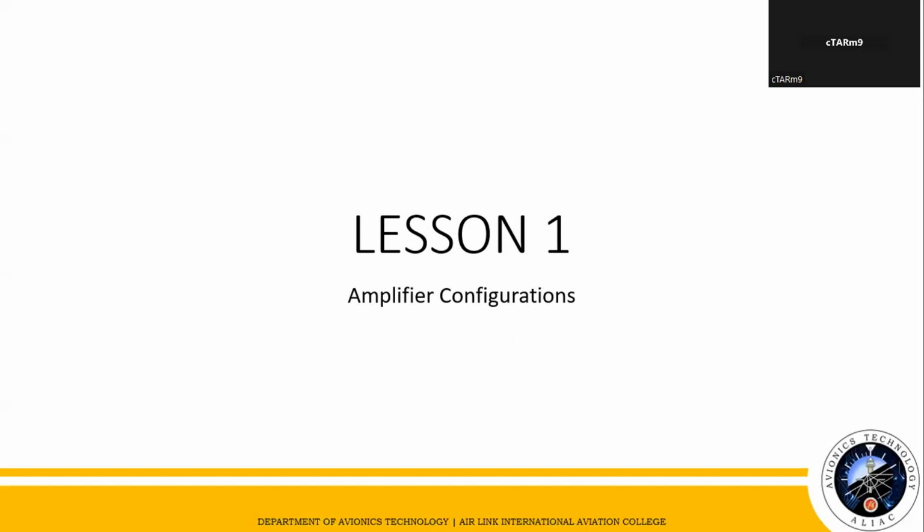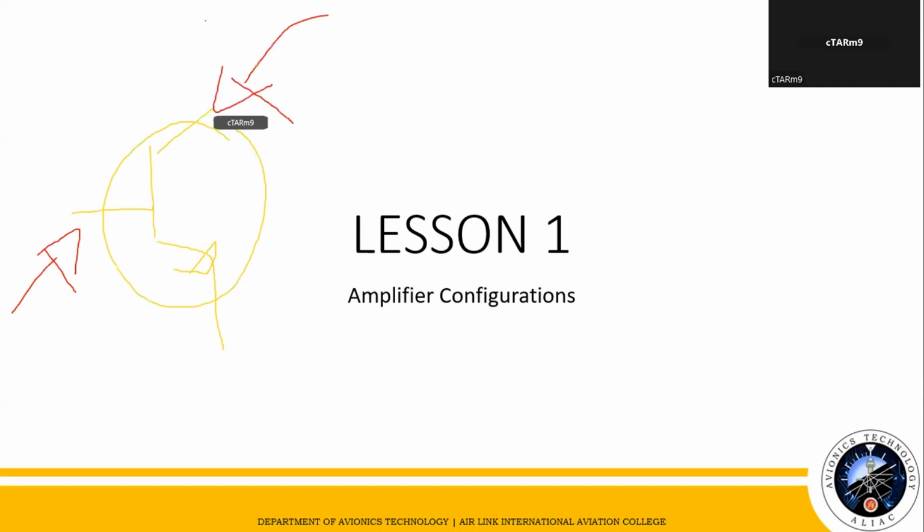Okay, so sa mga binigay natin na example before, sa isang transistor, meron kang input signal dito. Okay, so pag nagkaroon ka ng input signal, syempre dumodoble yan dito sa nilalagay mong input sa collector.